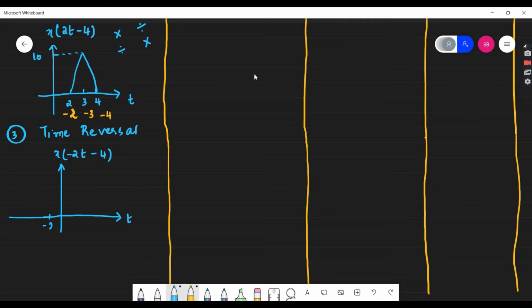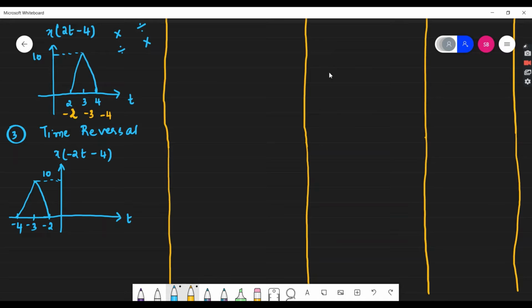This is 0, this is minus 2, this will be minus 3 and this side it will be minus 4. The shape will remain the same once again. Exactly at minus 3 it has an amplitude of 10 and the rest all remains the same. So instead of 2 it is minus 2, instead of 3 it is minus 3, instead of 4 it is minus 4. So this is the required signal for x of minus 2t minus 4.